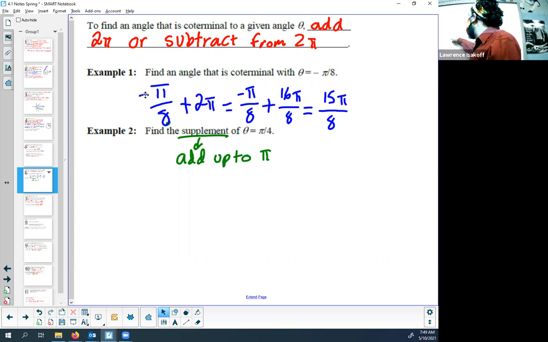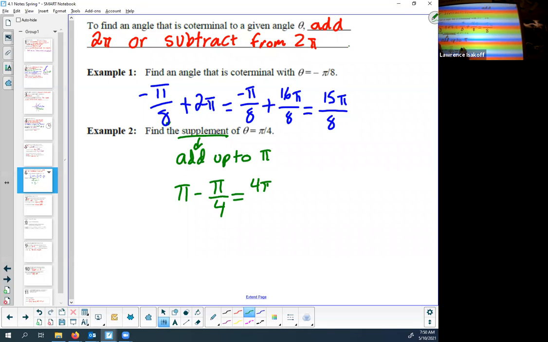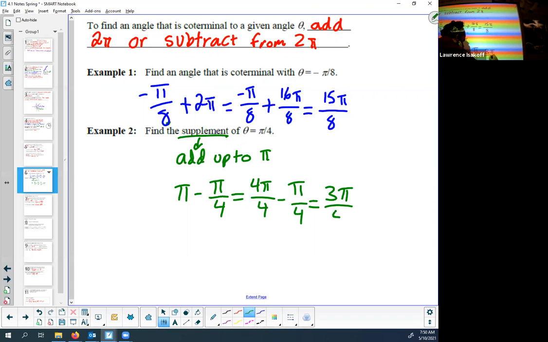To find supplementary angles, they need to add up to pi. So what I want to do is pi minus pi over 4 here. Get a common denominator of 4. So that's 4 pi over 4 minus pi over 4. 4 minus 1 is 3 pi over 4.